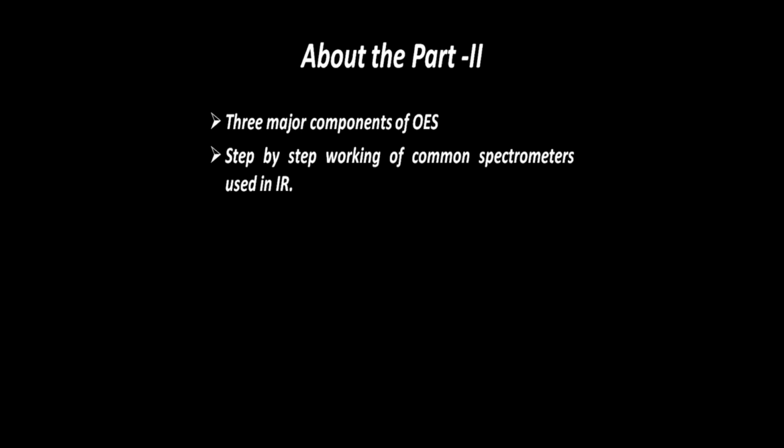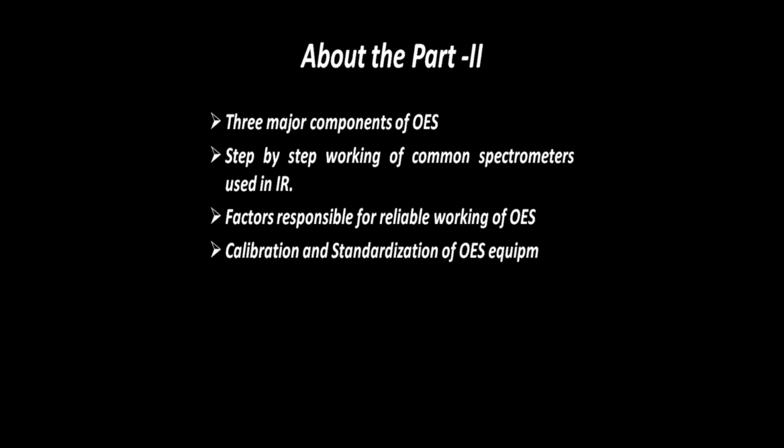In part 2 of this video series, we will be discussing three major components of OES and step-by-step working of the two most common types of spectrometers used in Indian Railway. We will also be seeing factors responsible for reliable working of OES and how to calibrate and standardize our OES equipment. Hope the video was informative.